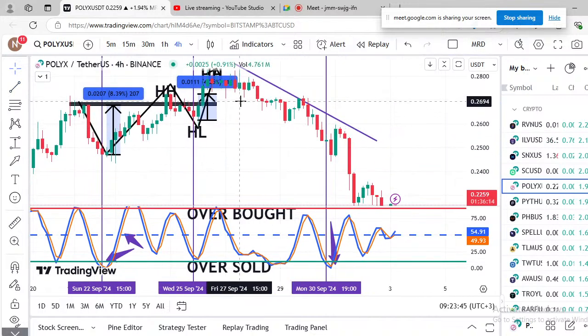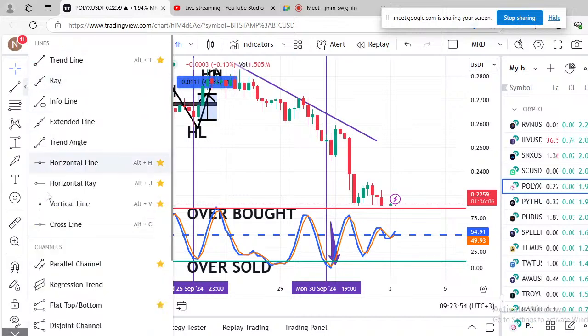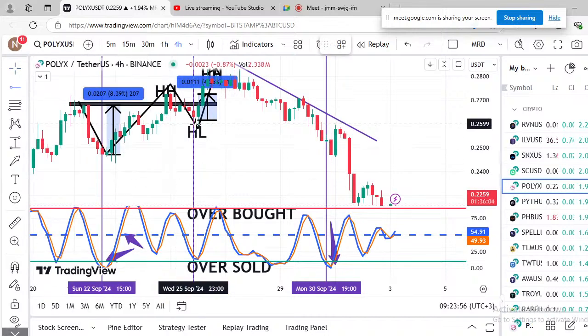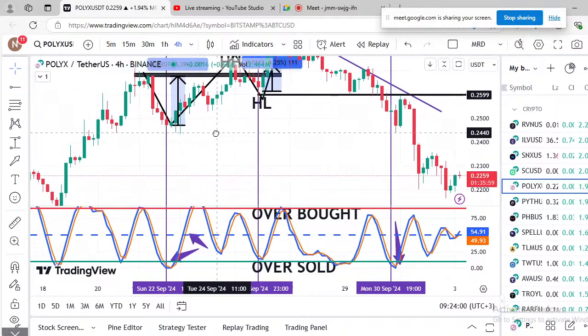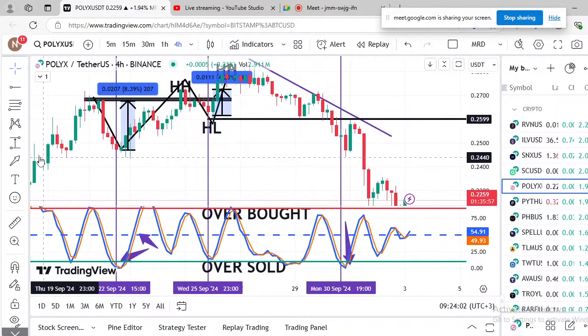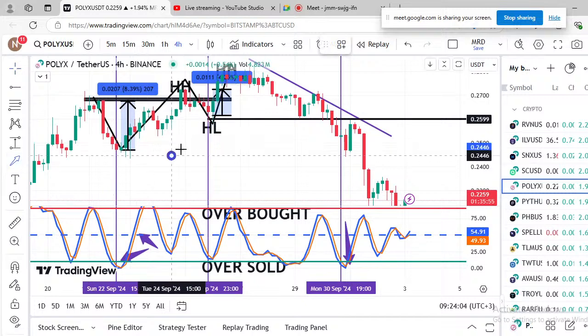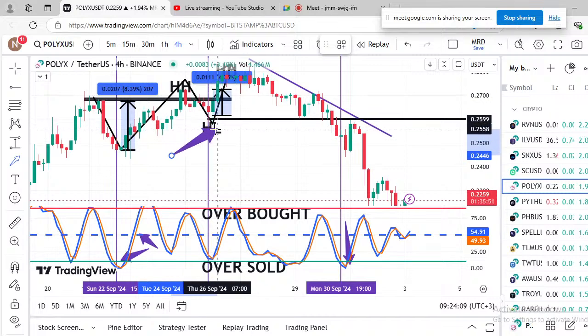It was starting a new journey of downtrend after breaking the previous higher low. This was to be considered here, this point, because it was our point of confluence here, the higher low.